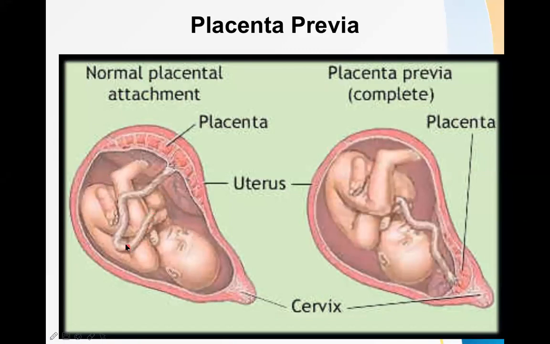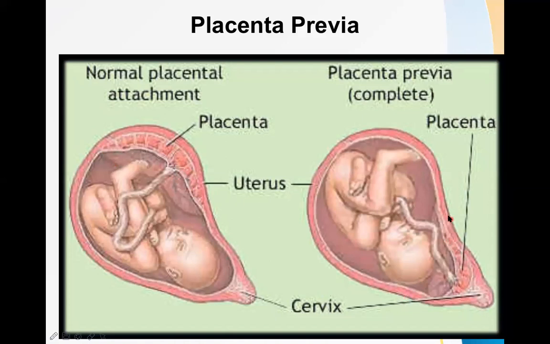This is the umbilical cord, you can clearly see it. And this is the placenta. One end of the umbilical cord is attached to the placenta, another end to the baby. This placenta is attached on the upper uterine segment, or you can also say attached at the fundus and body of the uterus. Okay, so this is the normal.